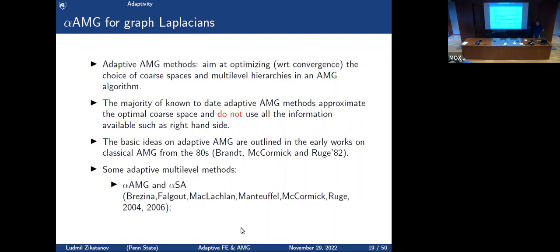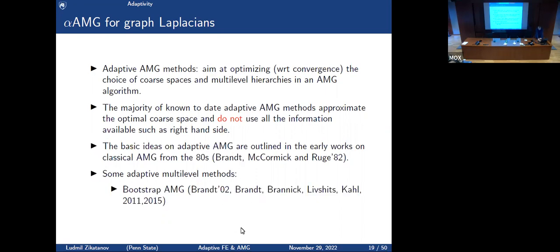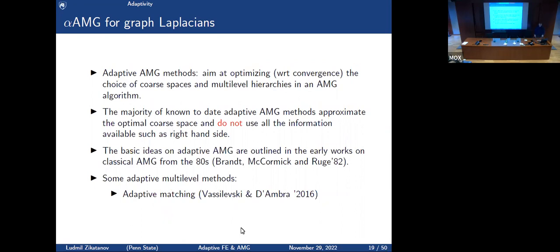This is in Trilinos, for example, if you know this package; it uses smoothed aggregation. I don't know if it uses adaptive, but it does use smoothed aggregation. There is also bootstrap AMG, by Brandt, Brannick and others. And Pasqua D'Ambra and Panayot Vassilevski have this adaptive matching, which is one of the methods I actually like because I think it can work also for non-symmetric problems and things like that.